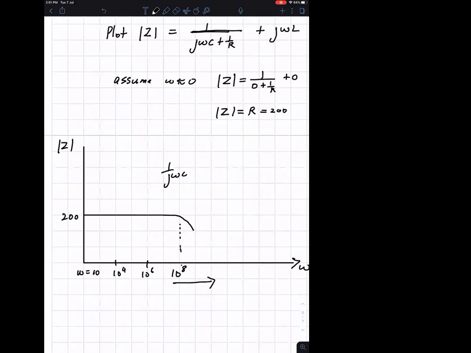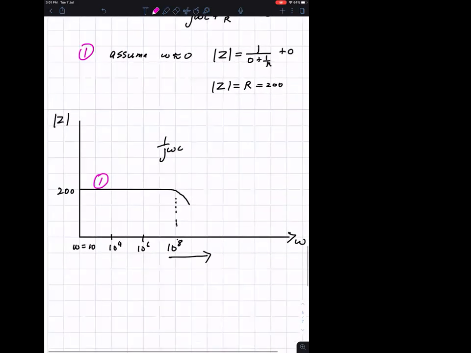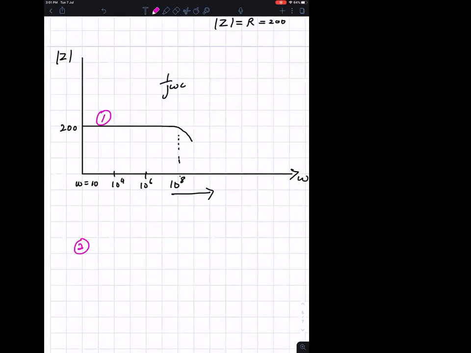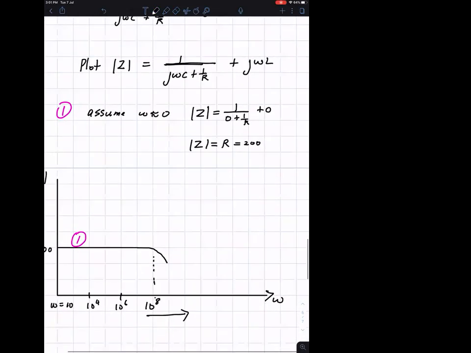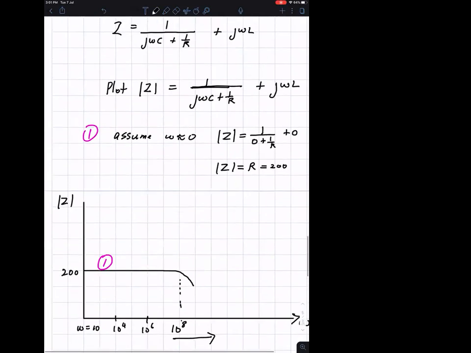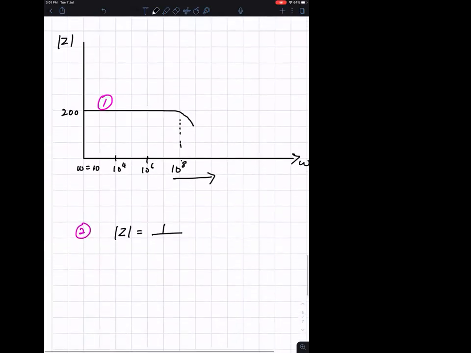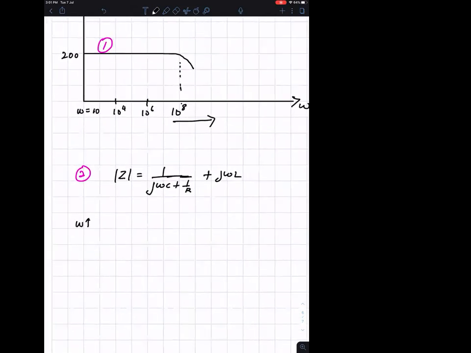We go back to this equation. I call this region 1, and this region 2: 1 over j omega c plus 1 over R plus j omega L. The frequency is now increasing, and keeps on increasing.